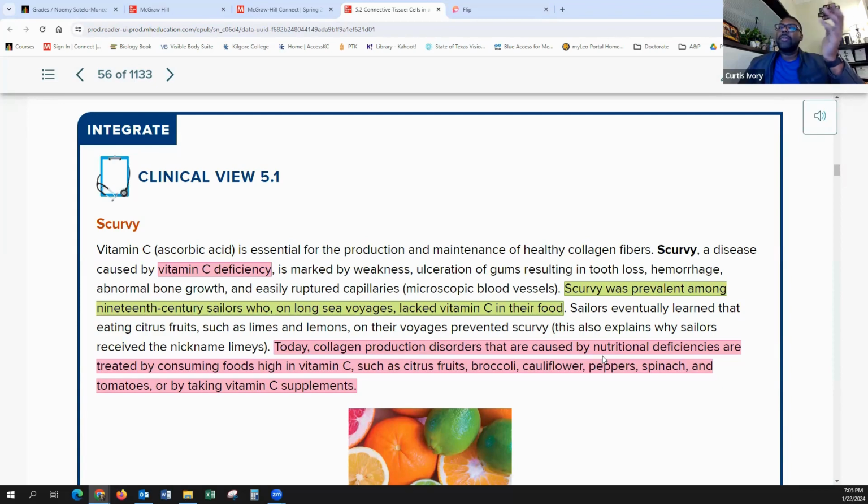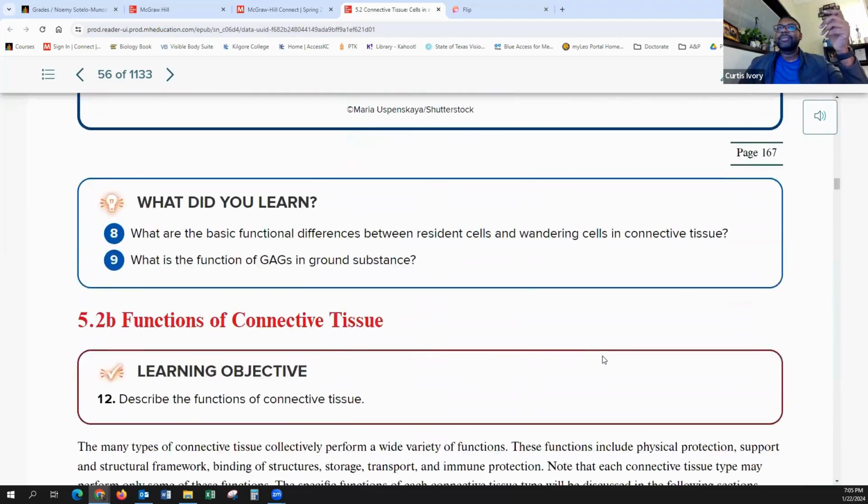So you can counteract it with citrus, but you can also counteract it with broccoli, cauliflower, pepper, spinach, and tomatoes, or taking vitamin C supplements. So that's where you can also find vitamin C. We usually say vitamin C is in oranges, but it's actually in other things as well, but it's more prominent in oranges and citrus.